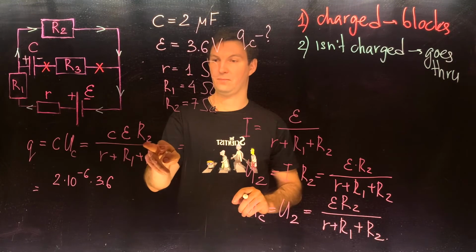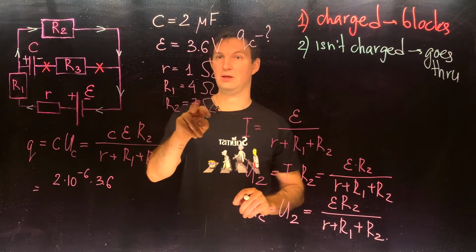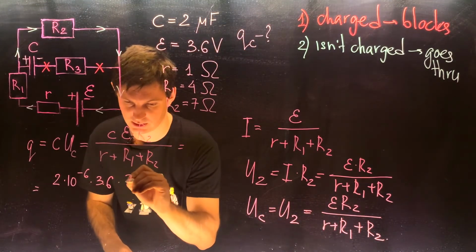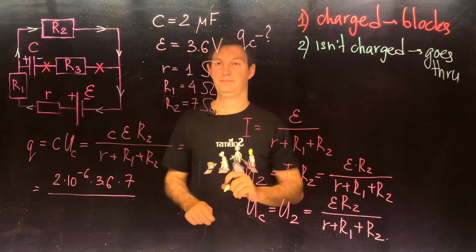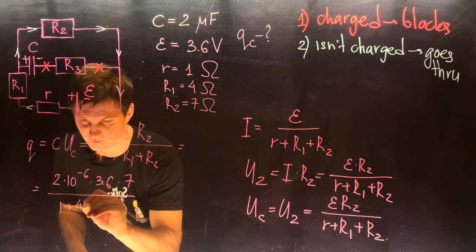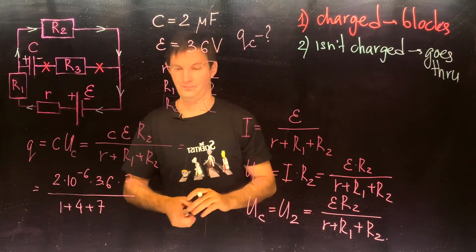Then the resistance of the second resistor is 7 ohms, so 7 divided by 1 plus 4 plus 7 ohms.